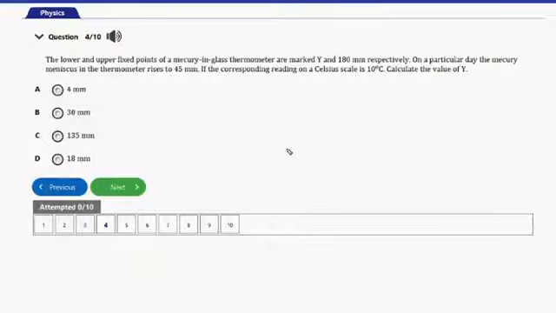It says the lower and upper fixed points of a mercury in glass thermometer are marked Y and 180 mm respectively. On a particular day, the mercury in the thermometer rises to 45 millimeters if the corresponding reading on a Celsius scale is 10 degrees Celsius.